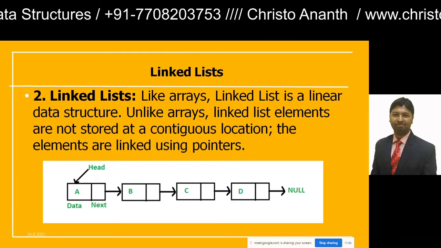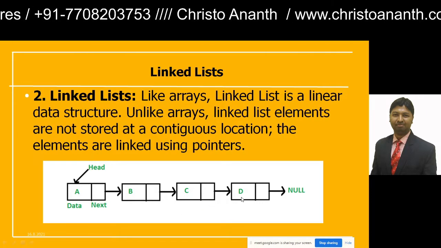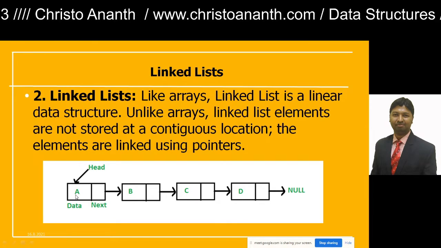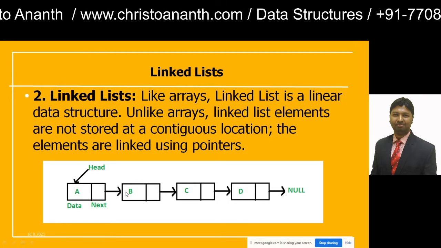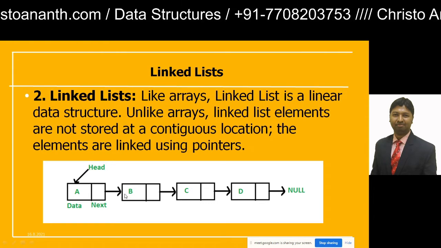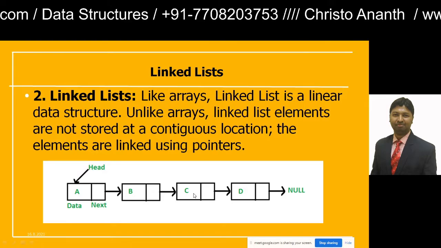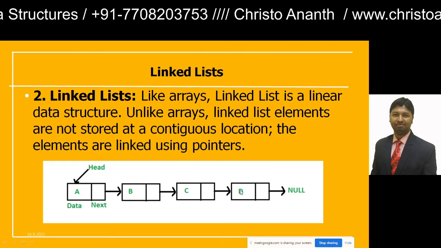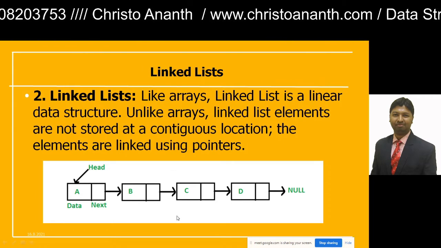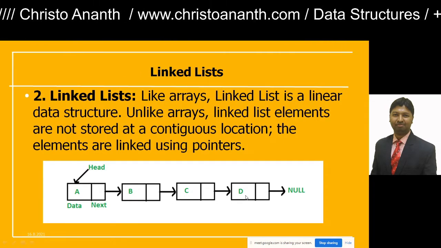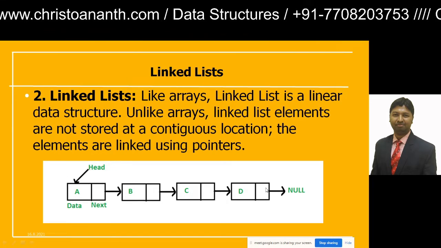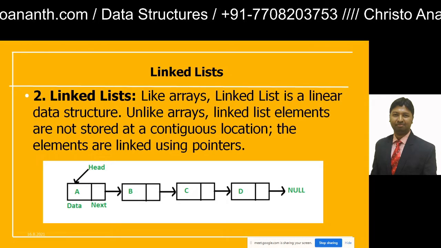For example, you have A, B, C, and D. A is where you have the head, the data, and it points to the next, B. So this B is the head now, and it points to C. C becomes head now, and then it points to D. So whenever the pointer is at one particular location, this is the current head, and it points to D, and this D points to None. So here you can see that the elements are linked using pointers.